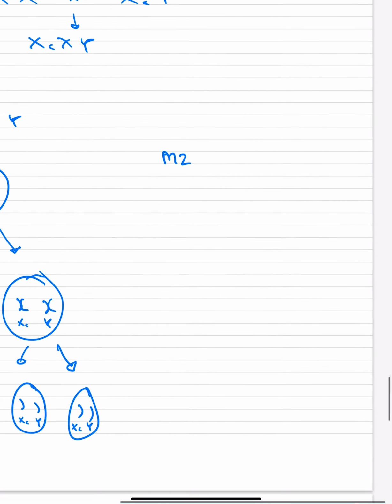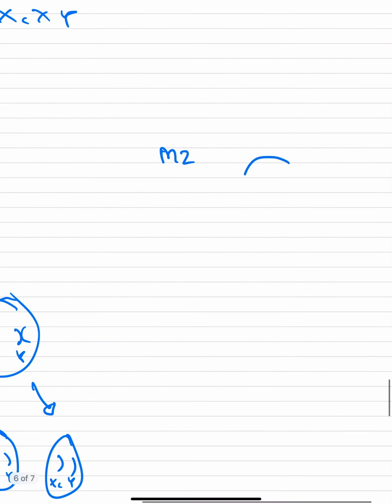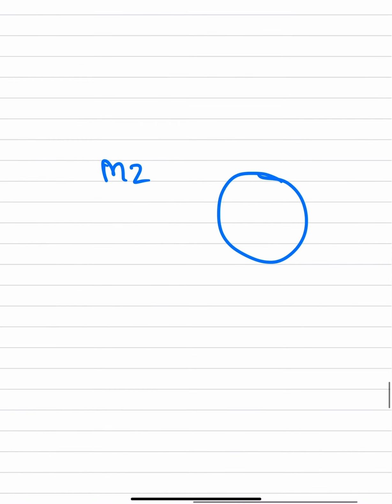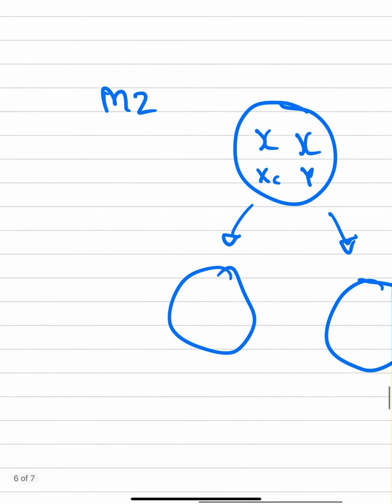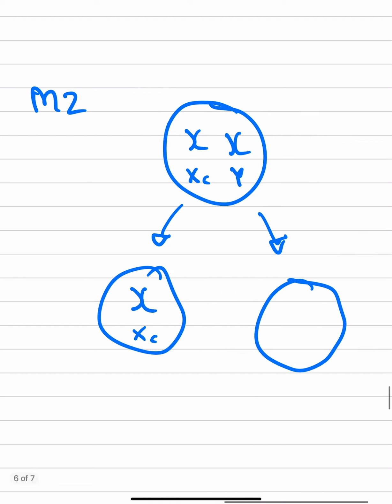If this were to happen in meiosis 2, then we would start off in the same way we started the previous meiosis 1 problem, with a duplicated X chromosome and a duplicated Y chromosome. We would have meiosis 1 occur normally. So then we would have a duplicated X chromosome in one cell and a duplicated Y chromosome in the other cell.